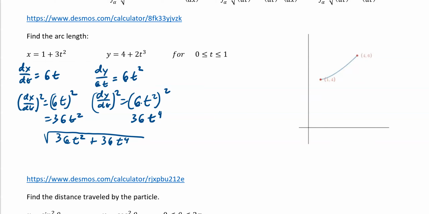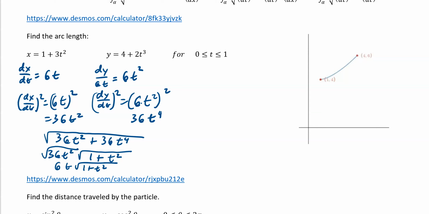And you can see that we can actually factor out a 36 and a t squared. Like that. And so this would be 1 plus t squared, just like that. So we end up with 6t square root of 1 plus t squared.